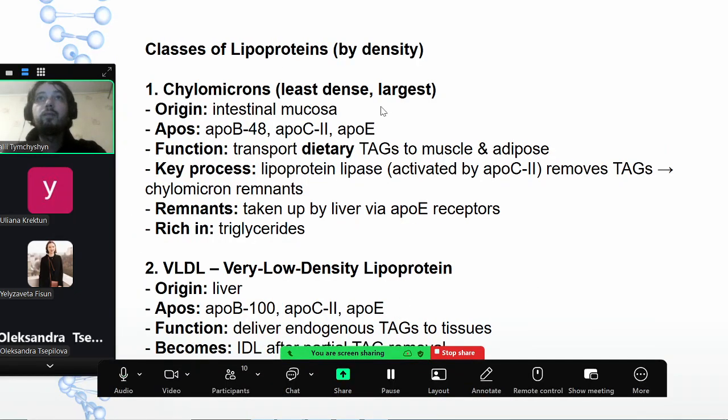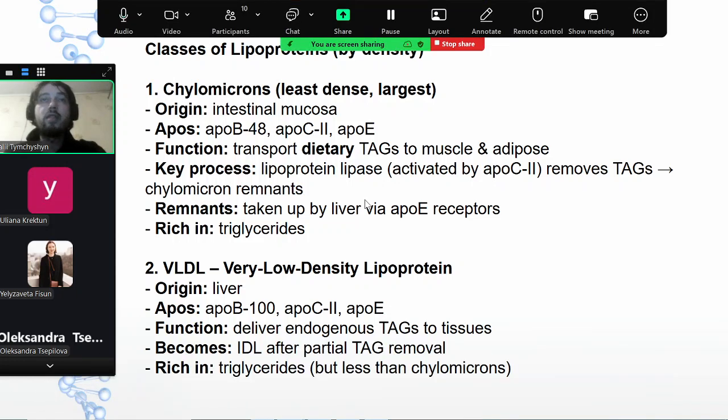Good. What else? Here are some classes of lipoproteins by density. These are the collections of different proteins and some lipids. The least dense and the largest are chylomicrons that we have been talking about, that are transporting all that stuff that we have ingested to different tissues, and the remnants are taken up in the liver via the ApoE receptors.